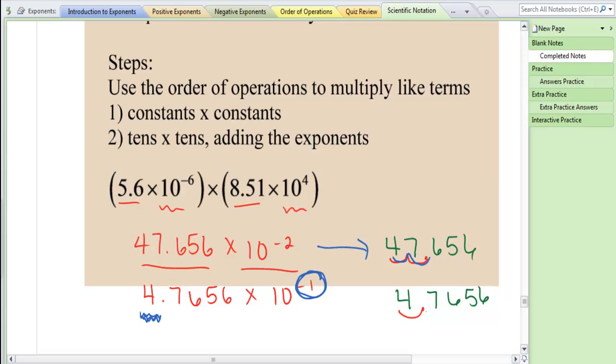Well, since we know we're trying to get this decimal to come over here to be in front of the 4 once we've multiplied it out, we know that we only have one place that we need to move it. If we had called it -3 instead, then we would have moved the decimal 1, 2, 3 places, which would have been 2 places too far.